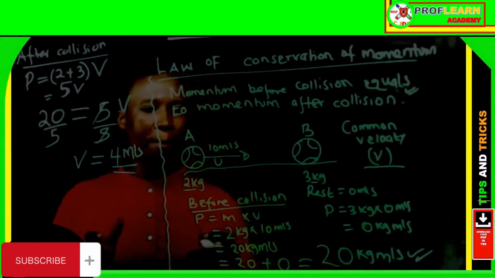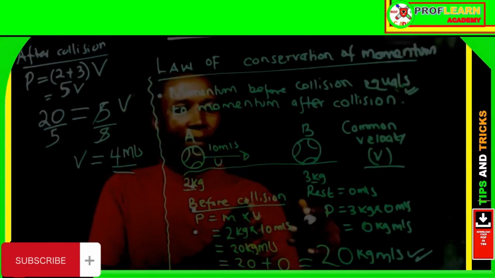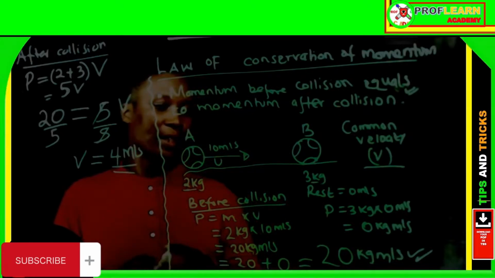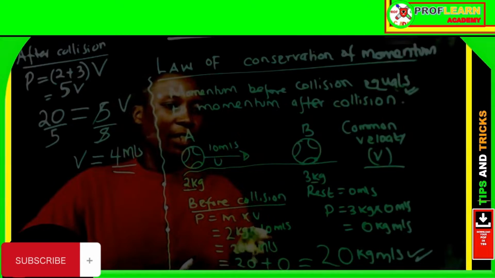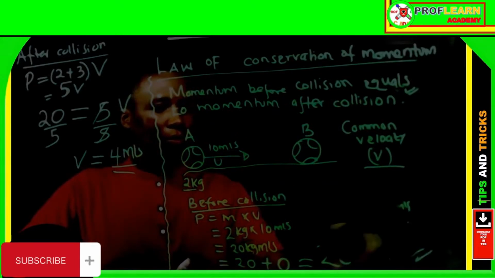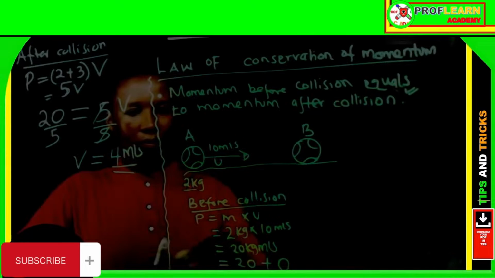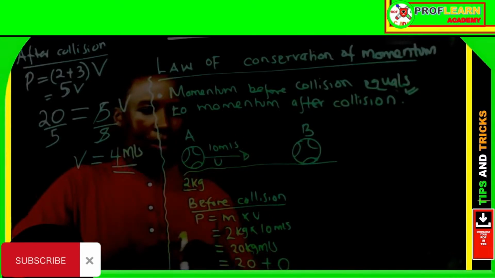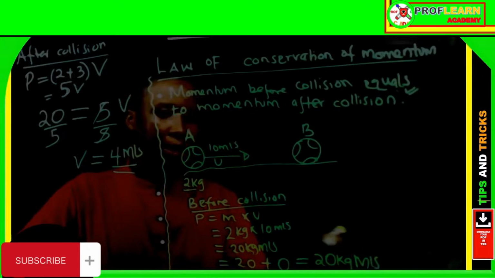In a situation whereby they collide and move at different velocities, you may be given a question like that. Let us look at such a scenario. Before collision, we have said, is 20 kilogram meters per second.